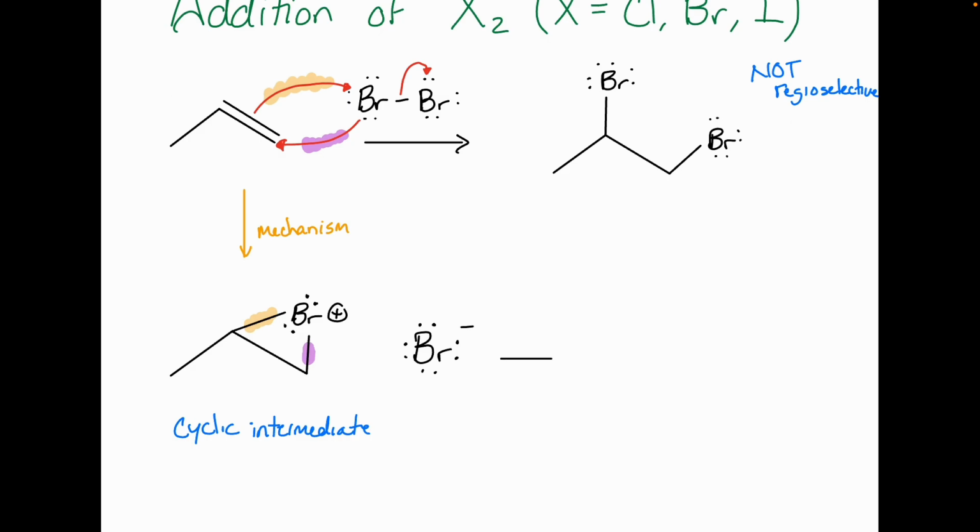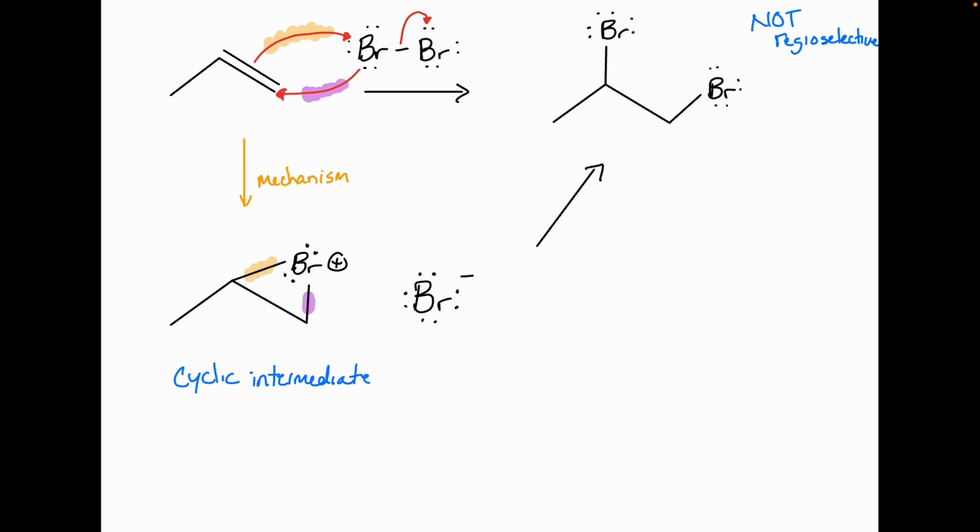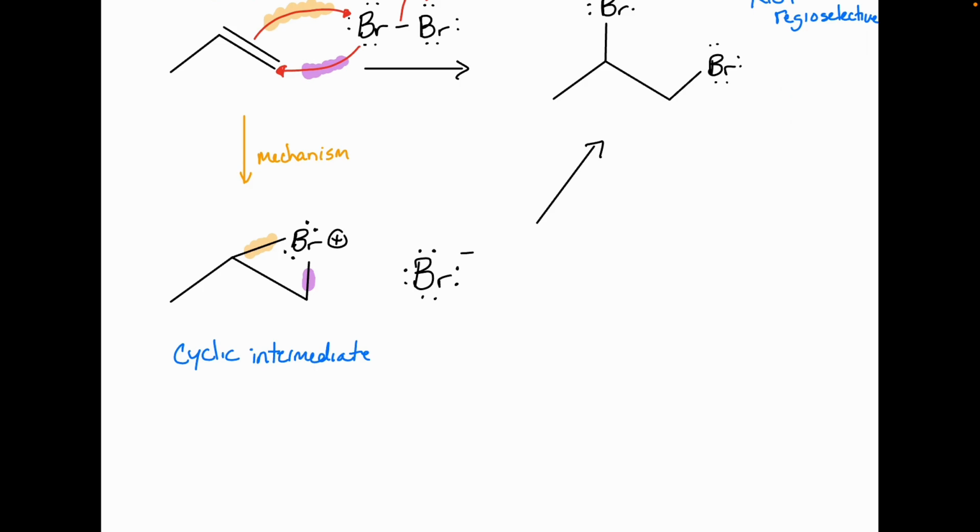All right, so then from here, how do we get to our products? That bromide ion is going to go ahead and attack one of those carbons, and that breaks that triangle open.